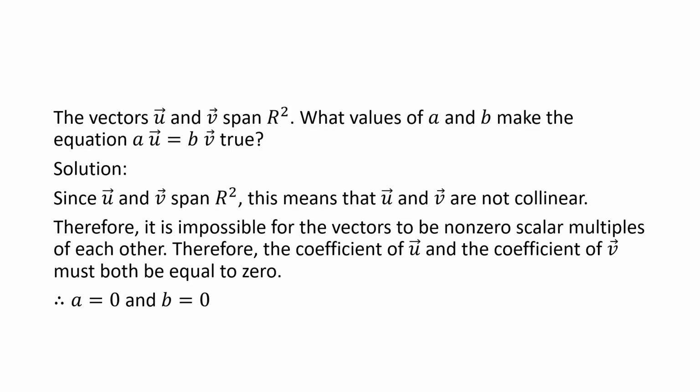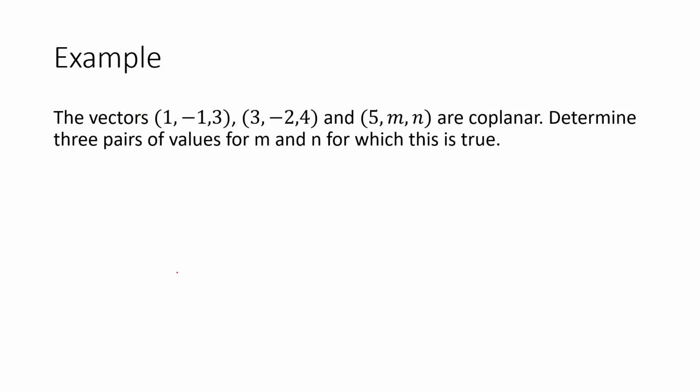If either one of them is not 0, the other one can't possibly equal it, no matter what multiple is given, because it'll be in the wrong direction. So we must know that a is 0 and b is 0. If we've got two non-collinear non-zero vectors, the only way au equals bv is if a is 0 and b is 0.